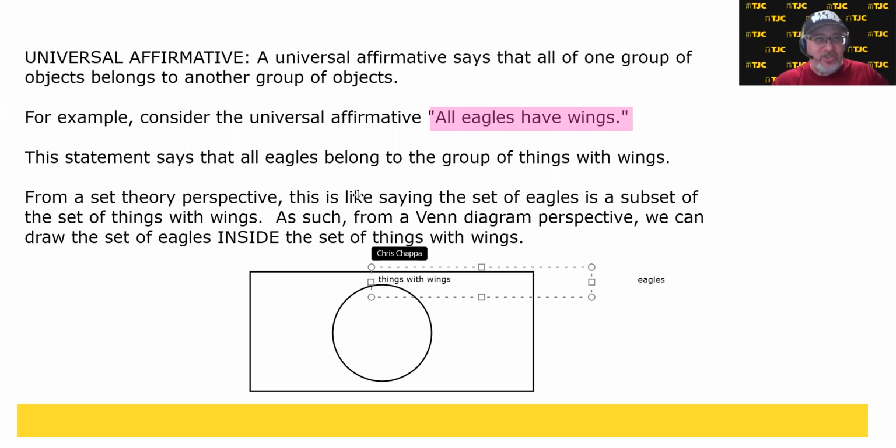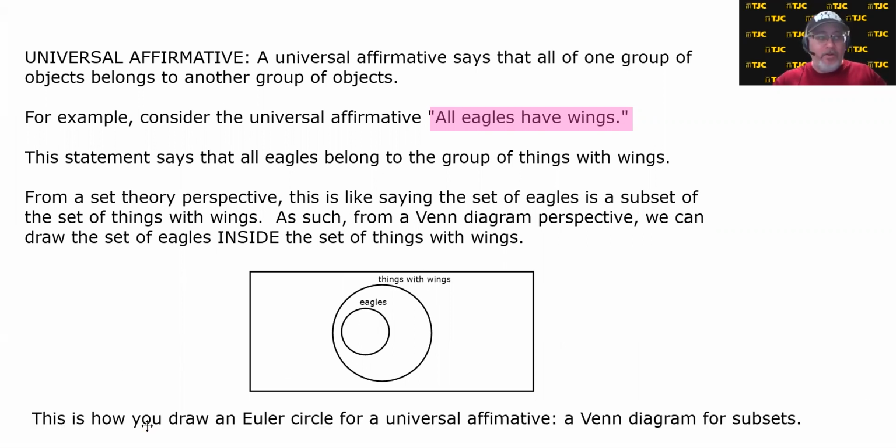And to show that the set of all eagles belongs inside of there, we'll draw another set inside of the things with wings, and that will be the set for eagles. By drawing the circle for eagles inside the set of things with wings, we're showing that all eagles have wings. This is how you draw an Euler circle for a universal affirmative, a Venn diagram for subsets, one set inside of another.